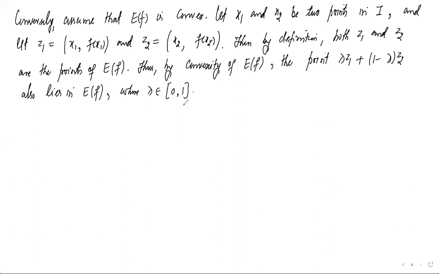So this is not a single point, but for all the values of lambda, this represents the line segment joining z1 and z2.